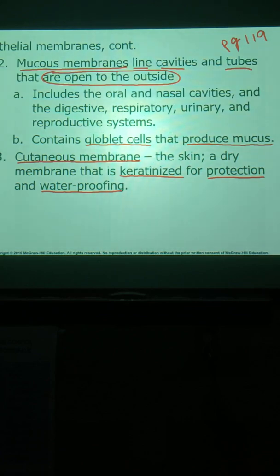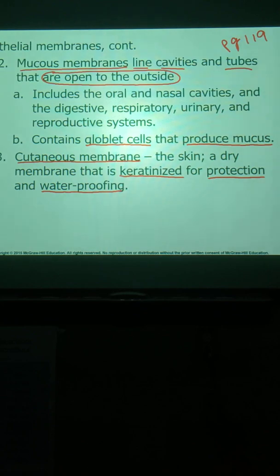Two, it acts as a protectant. Items can get stuck and trapped in the mucus, and then the body can expel them. This includes the oral and nasal cavities, and the digestive, respiratory, urinary, and reproductive systems.